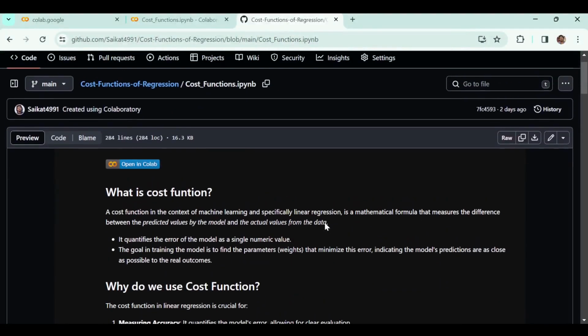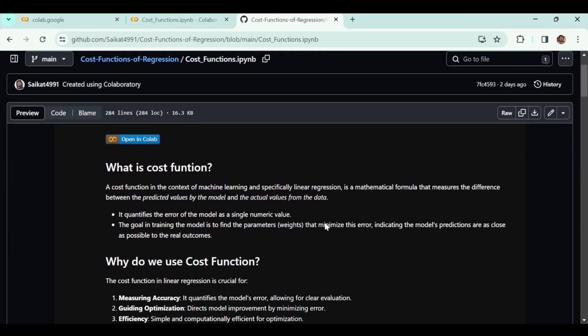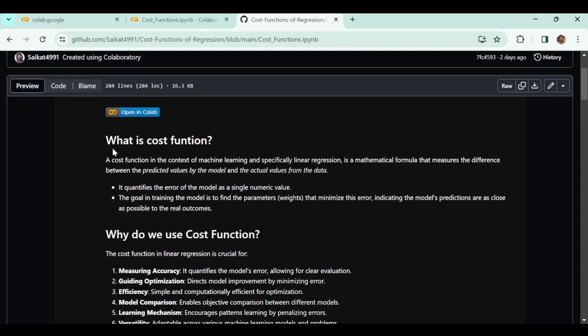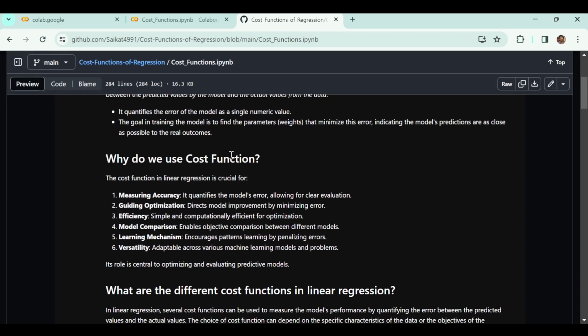So I made one GitHub repository for all of you, which covers what I discussed in my theoretical part. I wrote up here what the cost function is and why we use it, all point-wise. So before going to an interview, if you want to brush up on all the things, I will put the link of this page in my video description.